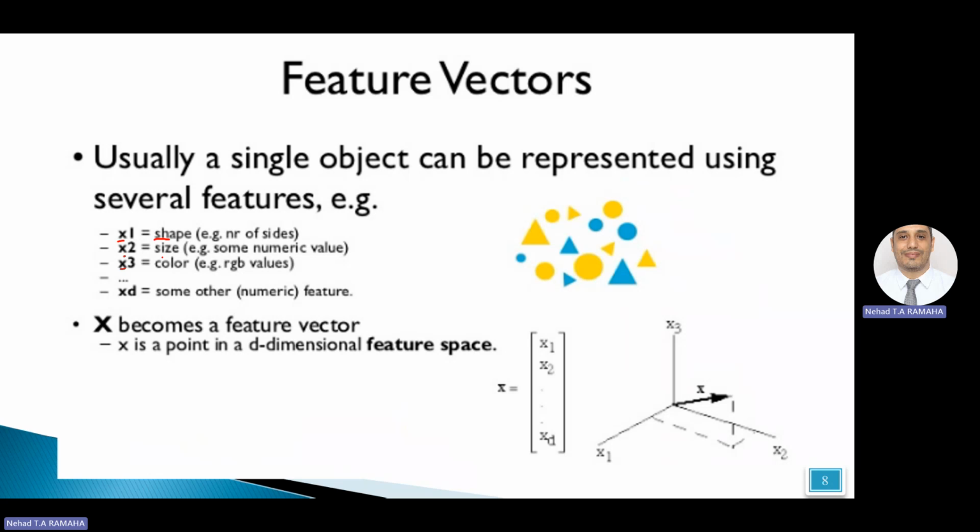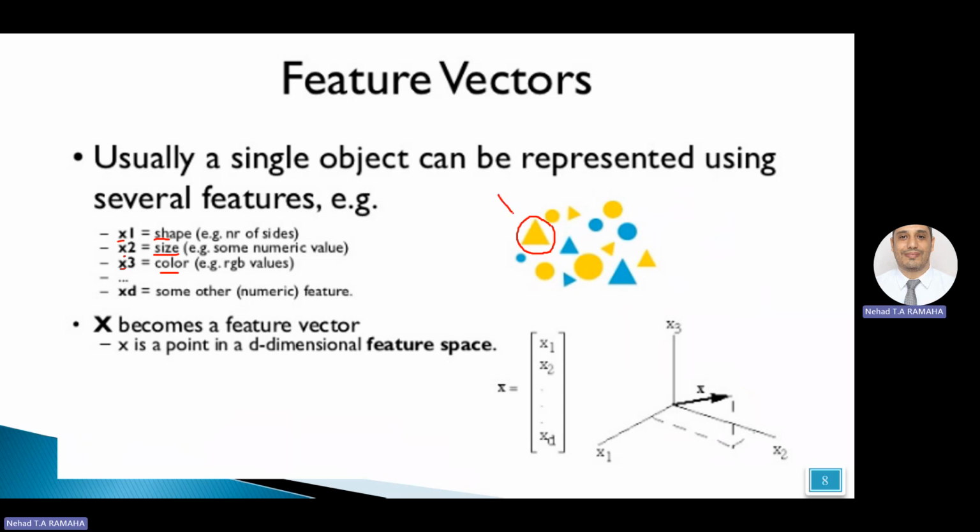For example, the shape, how many sides it has, the size, the color. Let me take this item and see how to represent it. We have two sizes, large and small. So we could say large is 2, small is 1.